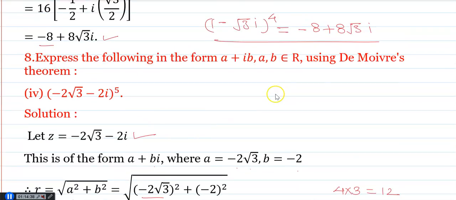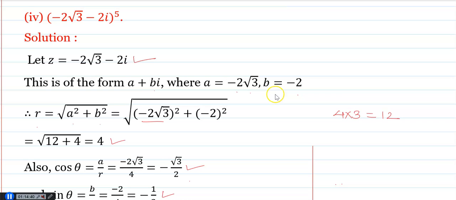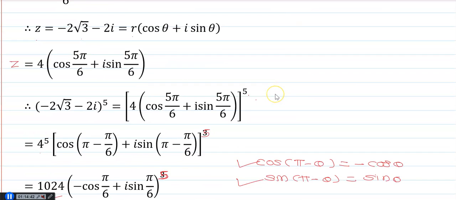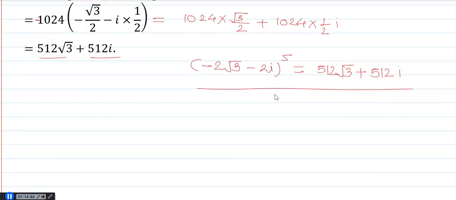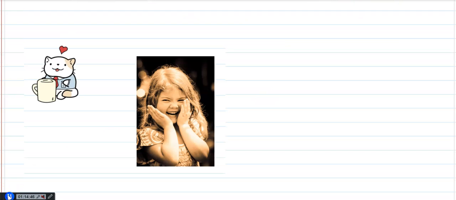Again you can see here. And in this way I have completed this chapter number 1, all exercises 1.1, 1.2, 1.3, 1.4, and all the solved examples.